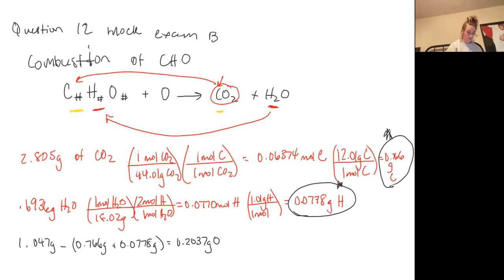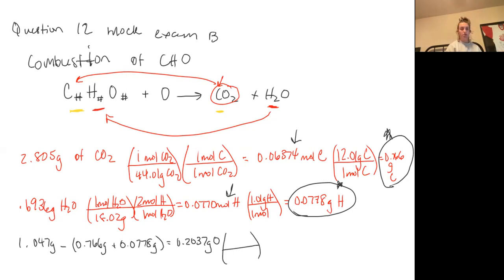Okay, so now we have our grams of oxygen. So now we're going to divide by the smallest number of moles. We have the moles of carbon here and the moles of hydrogen here. Now we need to use the grams of oxygen we just found to get to the moles of oxygen.